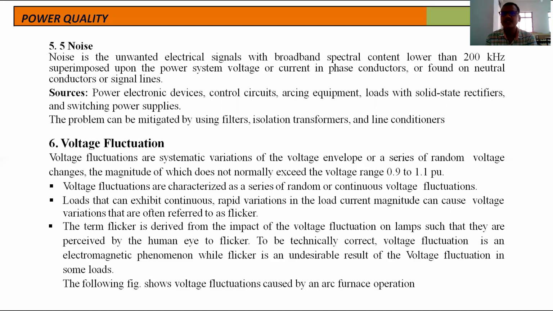Noise is unwanted because when current flows there should not be any noise. But when you observe outside transmission lines, more noise will come, because of so many reasons. We will see now.